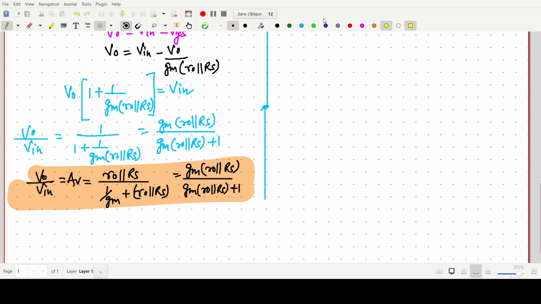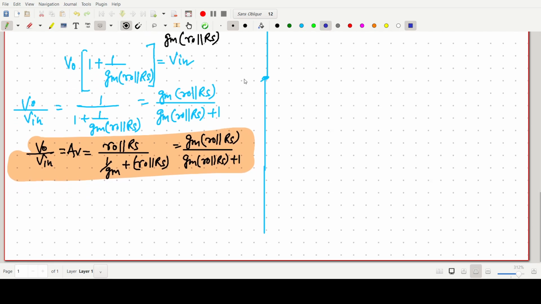Okay. So now for easy representation, I can make a circuit for this one. If I say this one is our V in, and we are taking output as this, then this should be our 1 by gm, and this should be R naught parallel with RS.